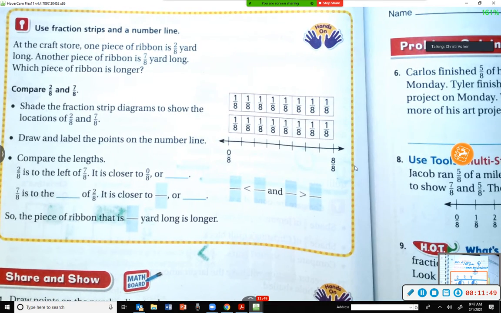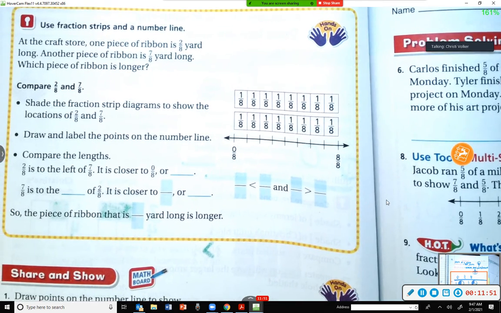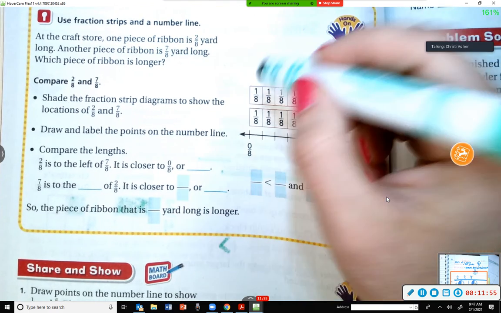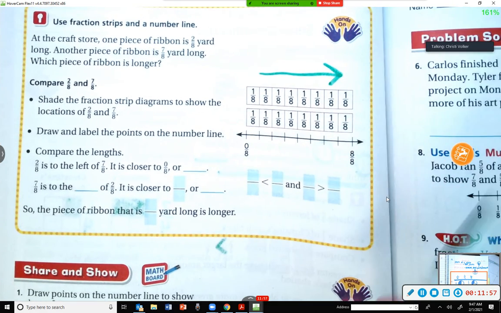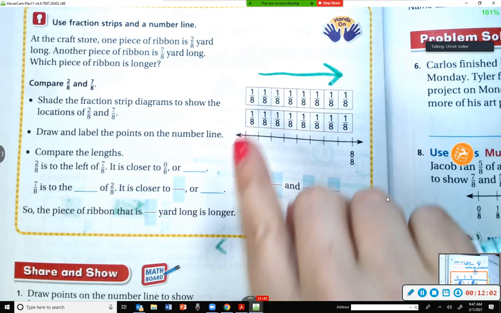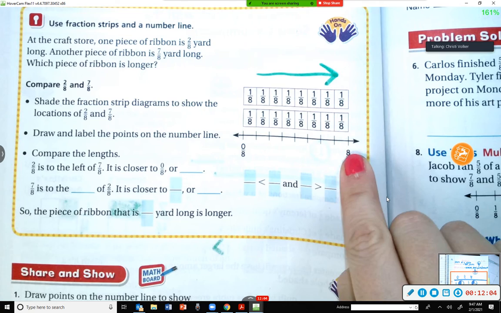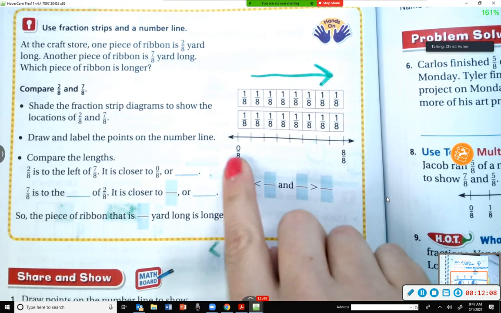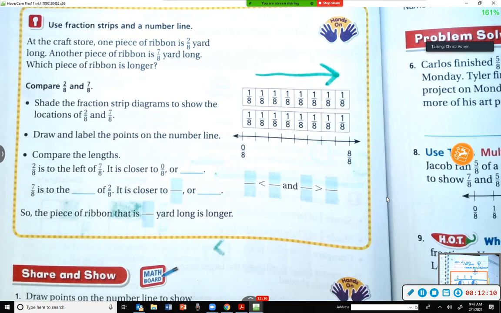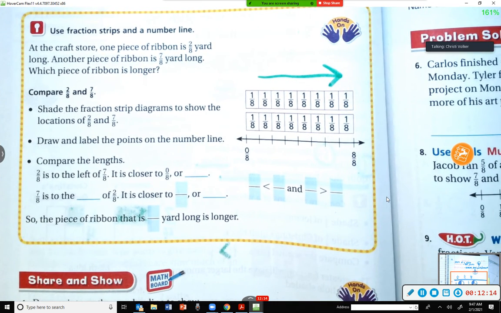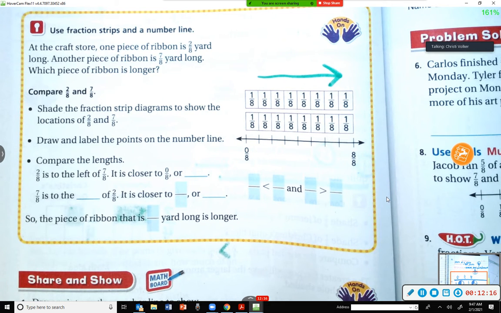Well, as you go to the right on a number line, what happens to the numbers? As you go to the right, which is this direction, they get greater. Good. So the bigger fractions are going to be over here towards this side. The smaller fraction would be on the left, right? Okay, so let's go ahead and read this word problem, and we're going to do it using the number line.